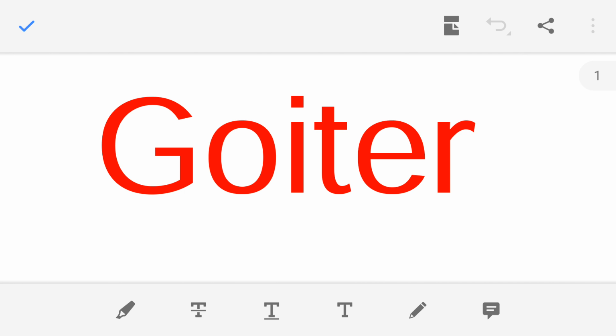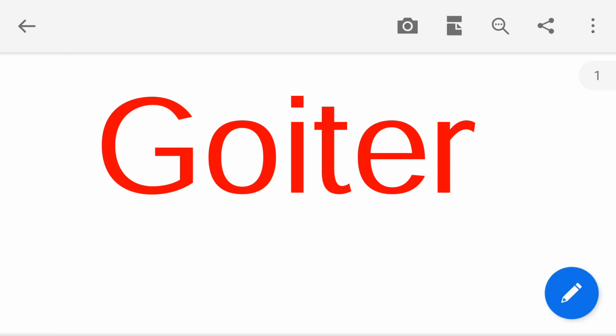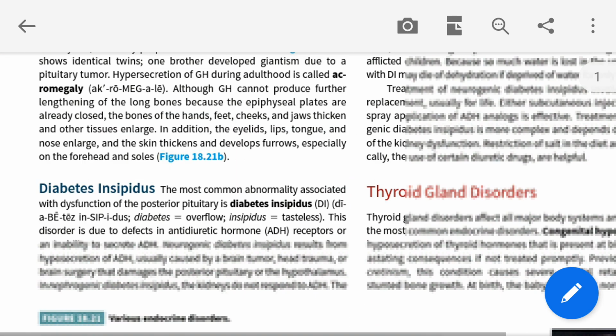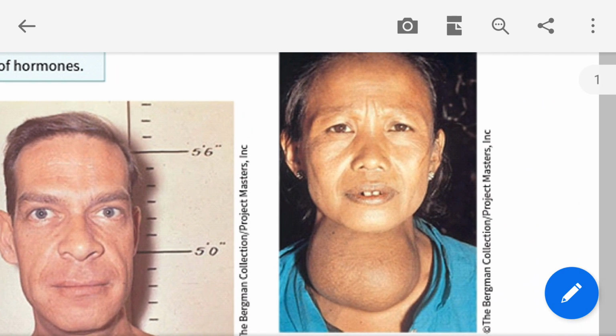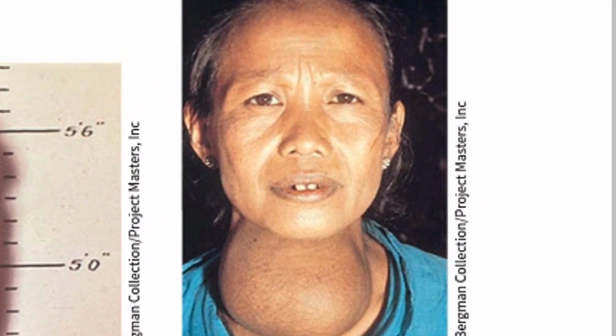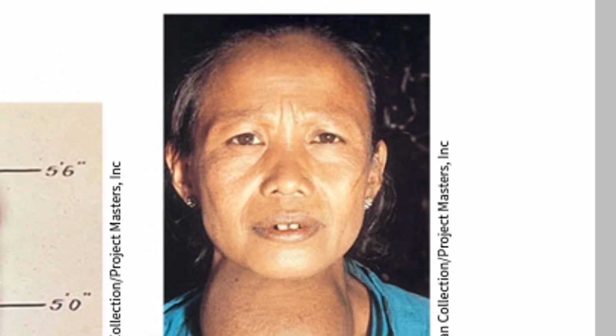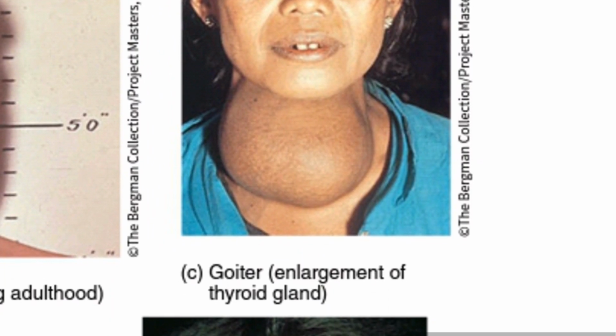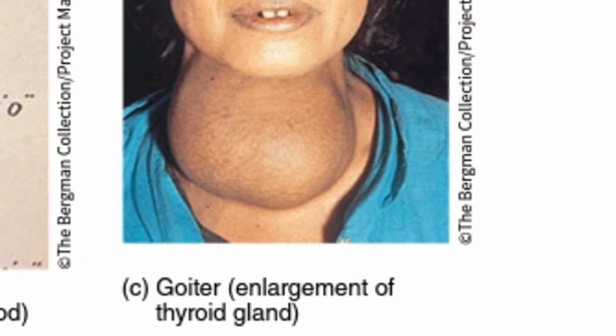Now, before we start this discussion on goiter, I would like to show you a few photographs of the goiter patient. So here you can see a photograph of a goiter patient, and in the neck you can see there is an enlargement. So thyroid gland is enlarged in goiter.